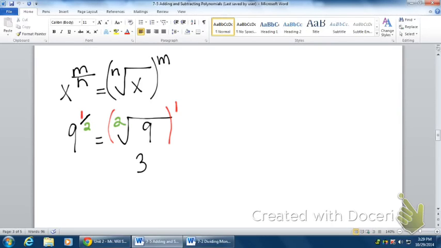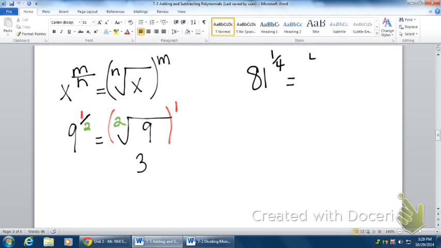Let's try something a little bit different. Let's say we had 81 to the 1/4. According to our rule, our denominator becomes what root we are finding.